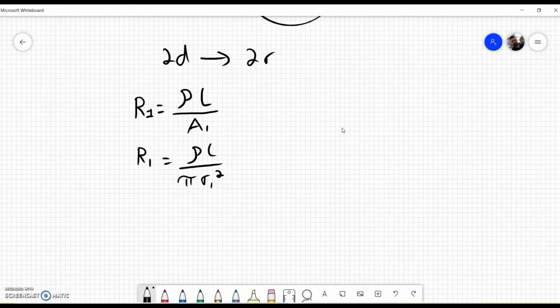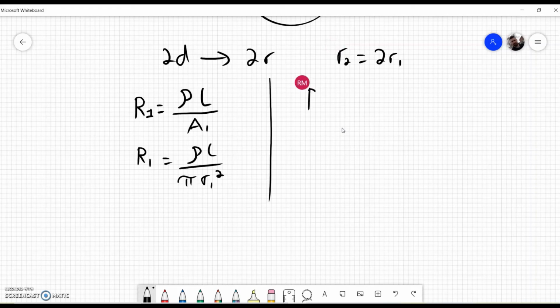Okay, so that means for my first sample, again, it has a particular resistance, has a particular resistivity, has a particular length, and has a particular radius. Now, since I'm after doubling it, that means that r2 is equal to 2 times r1, because I'm just after doubling my radius. So I'm going to write this out now.